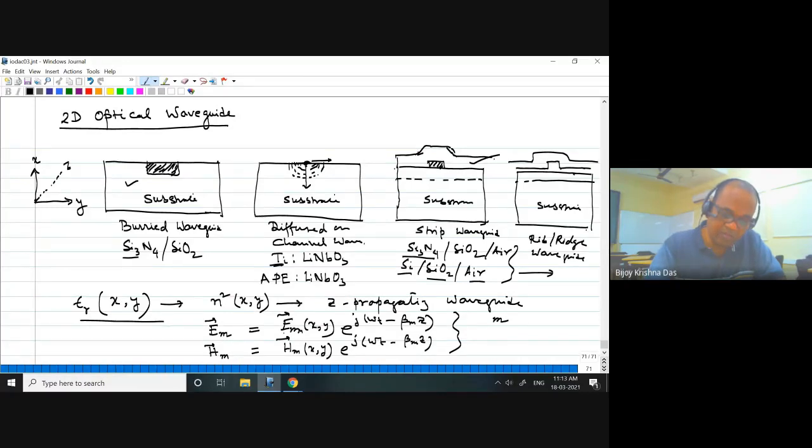The mth mode electric field will have some profile in the xy plane, similarly the magnetic field also has some distribution in the xy plane, and that pattern propagates along the z direction with propagation constant beta m. M stands for the mode index, and omega is the monochromatic frequency I'm considering now.